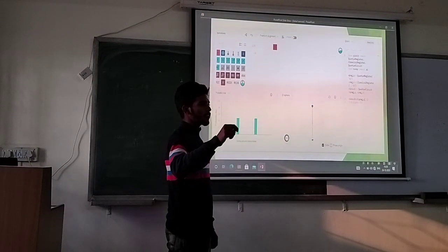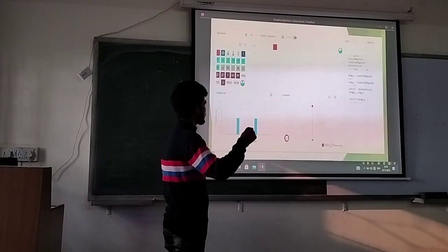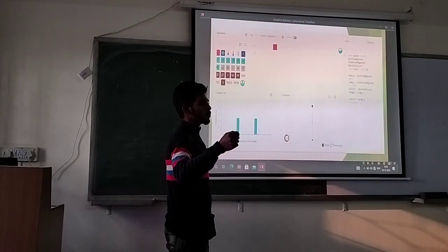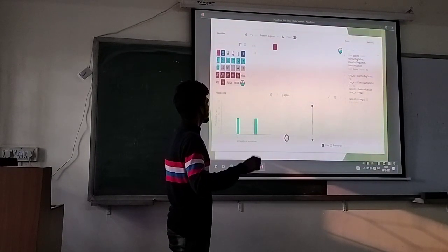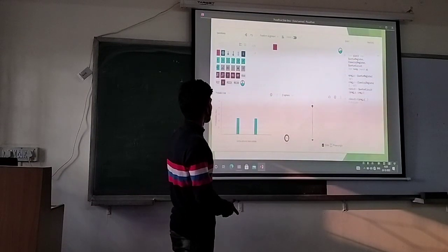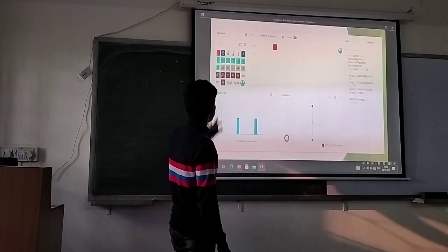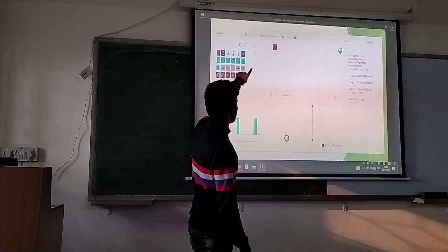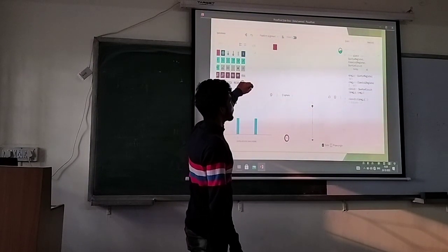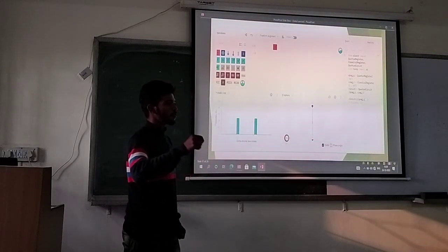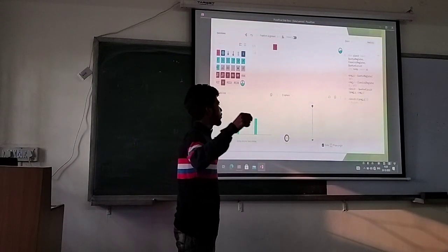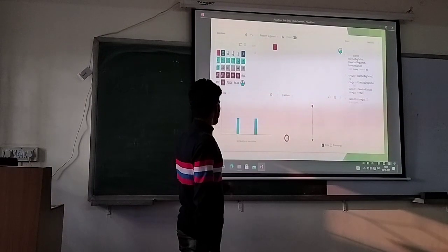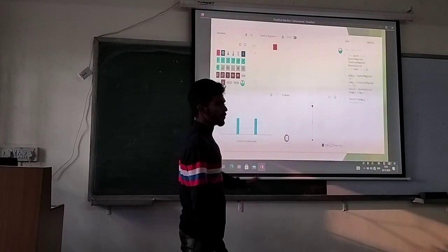Once you have the zero state, you can use the gate to convert it into the one state, as we previously saw. Different types of gates are there, and when we use the Hadamard gate on Q0, we already saw it gives 1 by root 2 |0> plus 1 by root 2 |1>. So the probability is 50-50%.